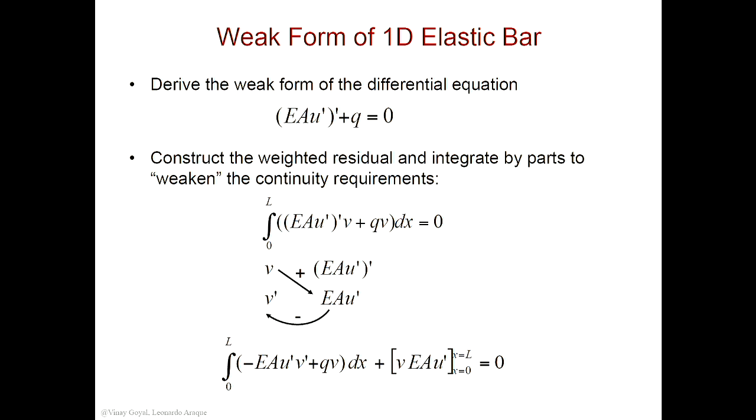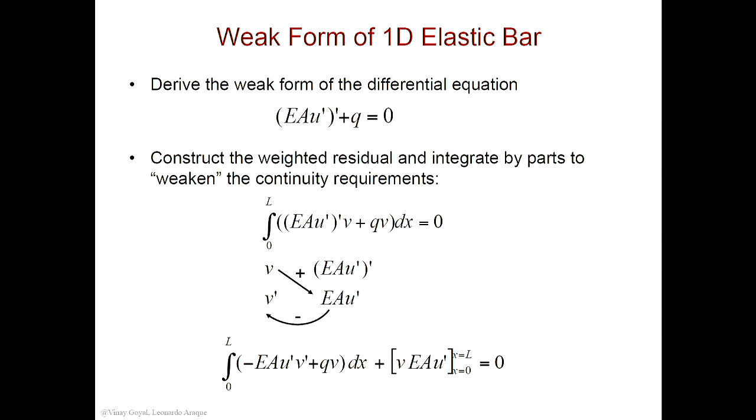The minimization of the total potential energy is connected through the weak form to the governing equation. They're all related. They're all mathematically connected. So in other words, if I solve for the deflection in this governing equation, then I have found the displacement that minimizes the total potential energy.